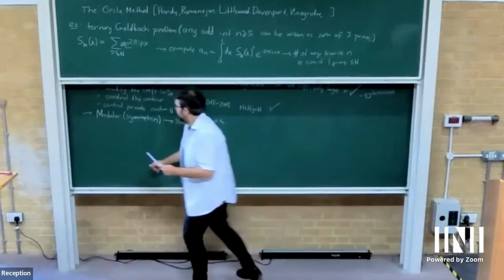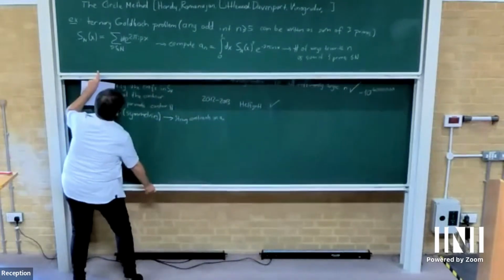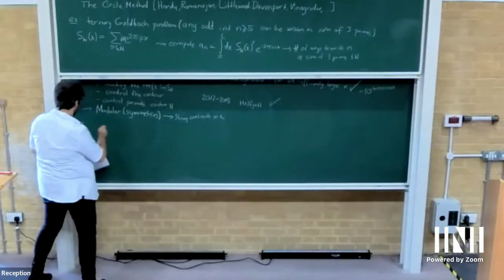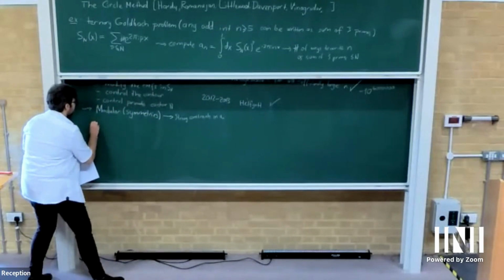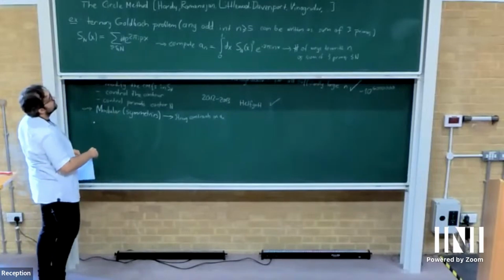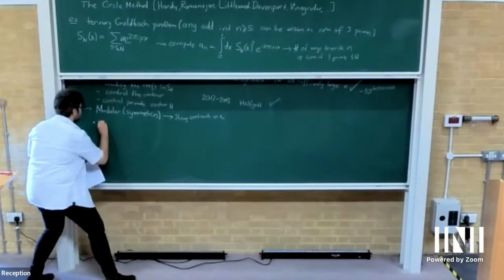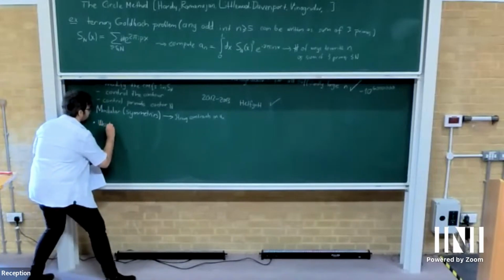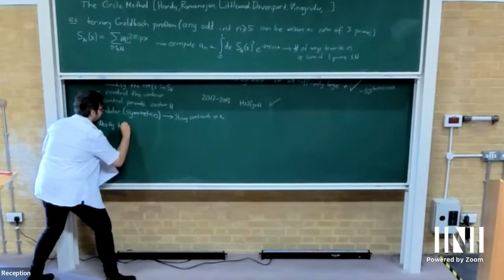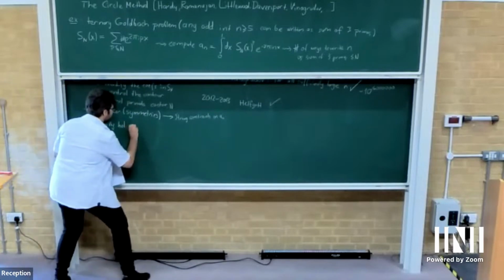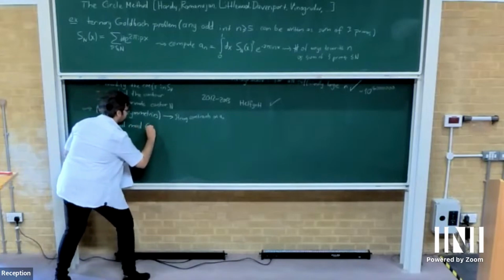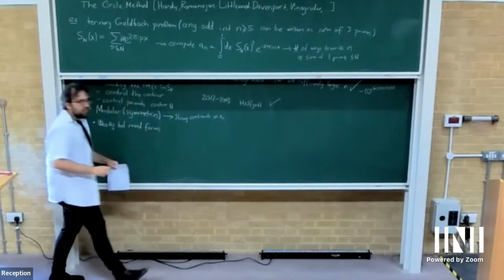Perhaps the most well-known example of this actually goes back to the origins of the circle method, and that's Ramanujan, for holomorphic modular forms of non-positive weight.